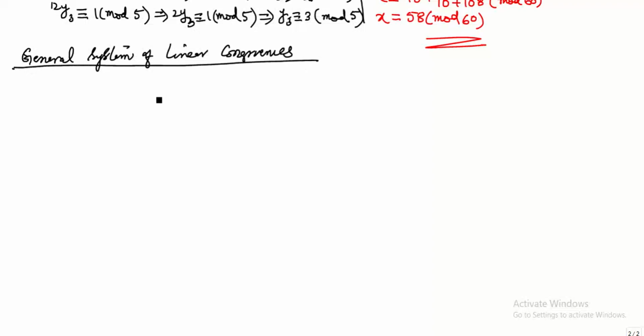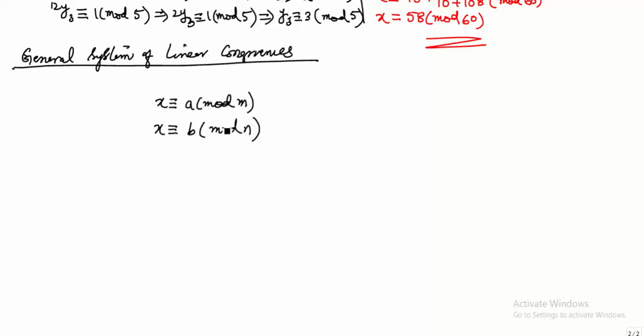It means a system like x is congruent to a modulo m and x is congruent to b modulo n, where m and n are not necessarily relatively prime.